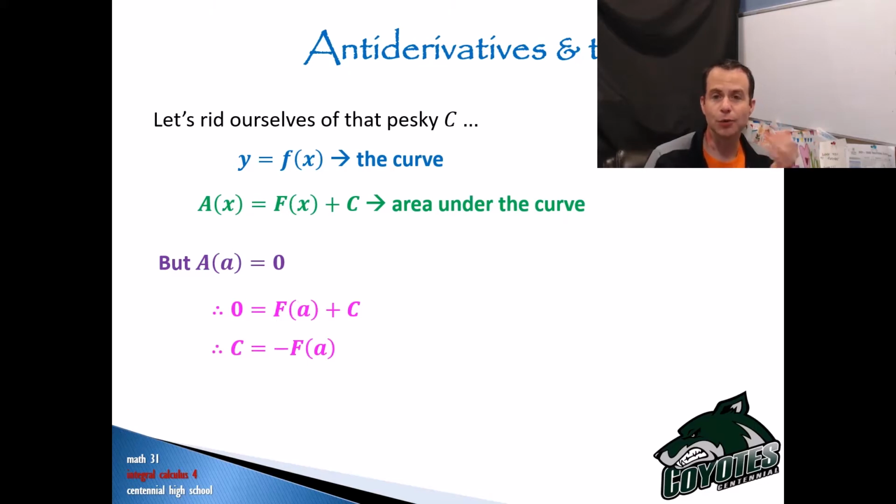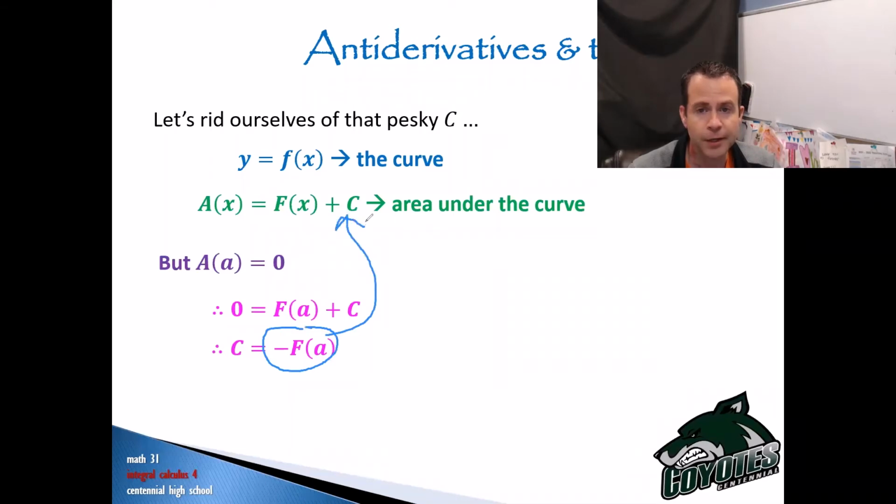And so instead of writing the area will be f of x plus c, I can put that right there. So the area is going to be f of x minus f of a. So essentially, it's the right bound minus the left bound.